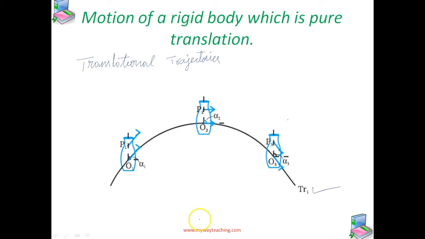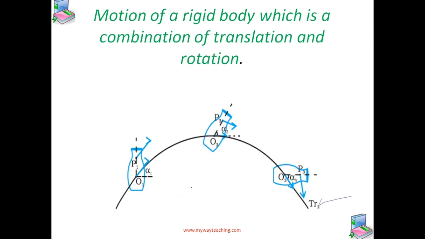You can see that angle OP here, it is shown in these figures. It is with the fixed direction. So we can say alpha 1 is equal to alpha 2 is equal to alpha 3 in case of translational motion. Whereas this figure B is a combination of both translational as well as rotational motion. Alpha 1, alpha 2 and alpha 3 are not the same in this case because the velocity differs in each case, isn't it?